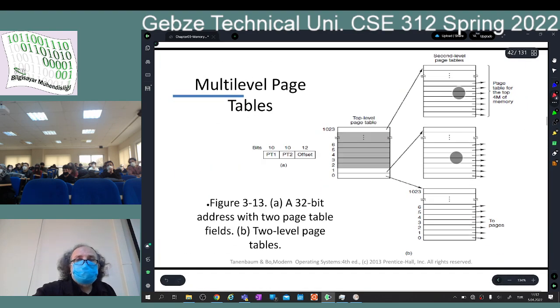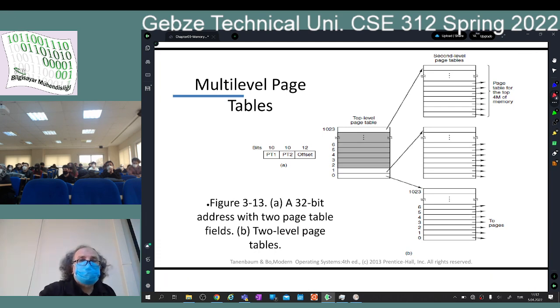There are more than 1000 page tables around, because each entry is holding a page table. I have 1024 entries in this one, so I have 1024 page tables, and each one is holding pointers for pages.